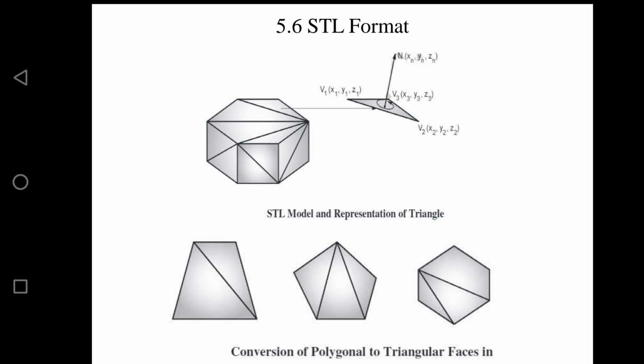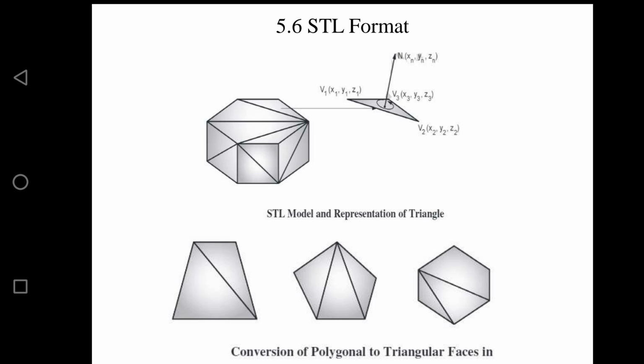Well, you can see here we have a hexagon, which is cut into planar triangles. Okay, so it feels like it is actually an assembly of planar triangles. Okay, so this is about your STL file format. You can see we have a conversion of the polygonal to triangular faces in STL files also.